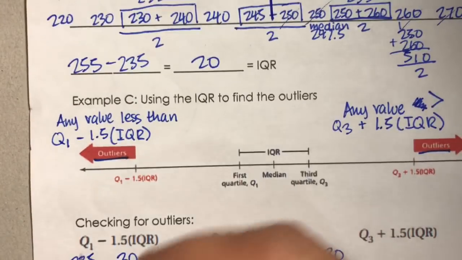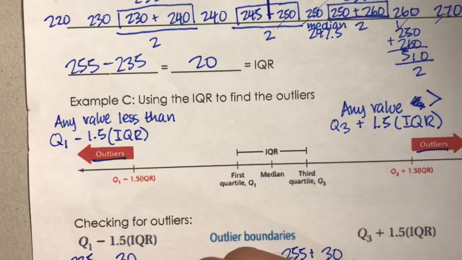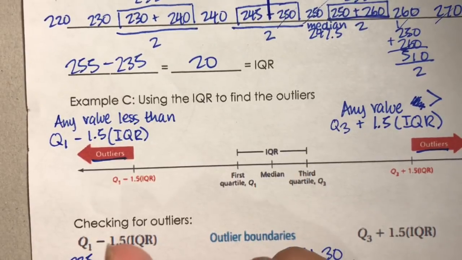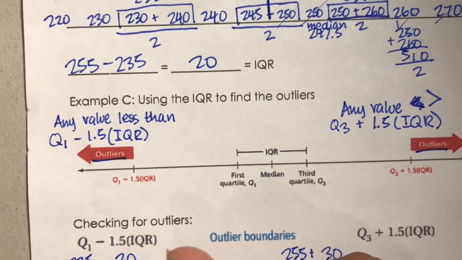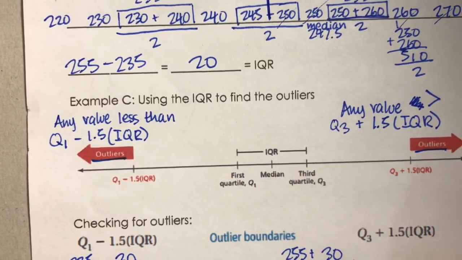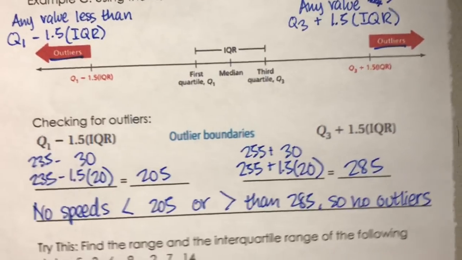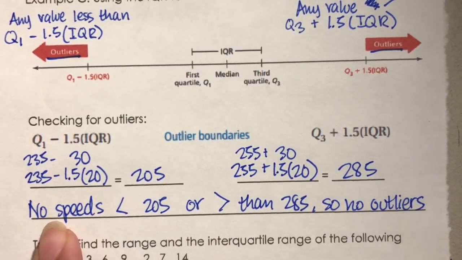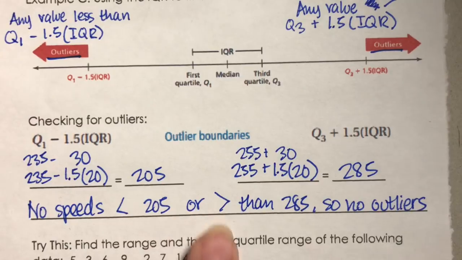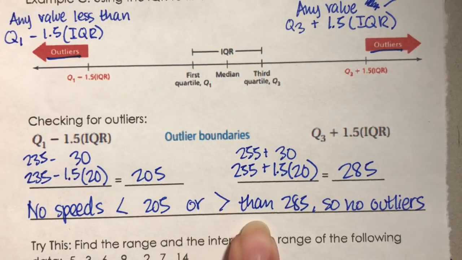So since there are no speeds less than 205 or greater than 285, there are no outliers in our data set. I apologize, I didn't put that up there. So there are no speeds that are less than 205 or any speeds that are greater than 285.